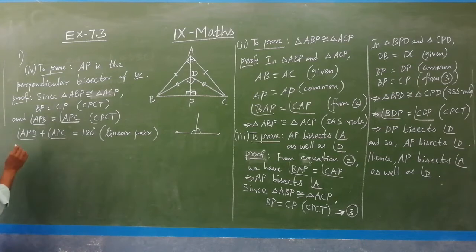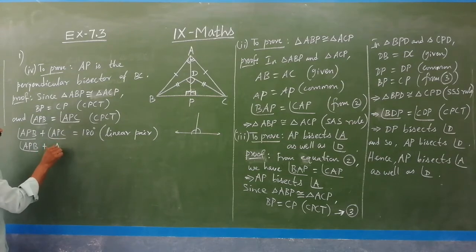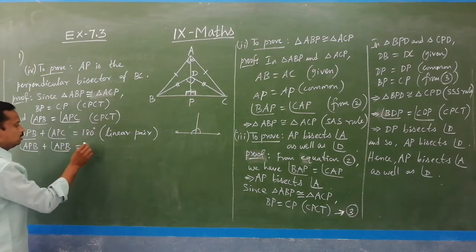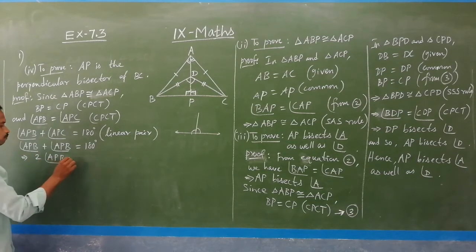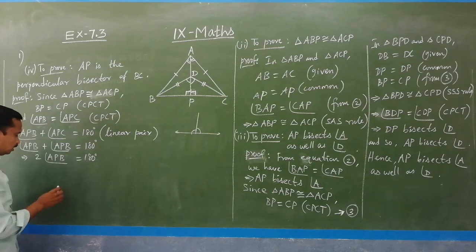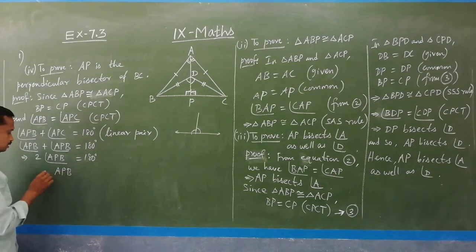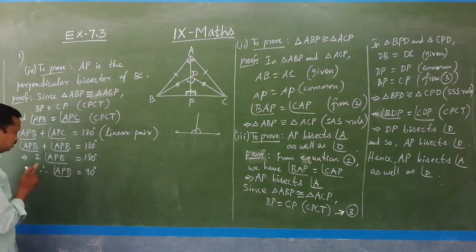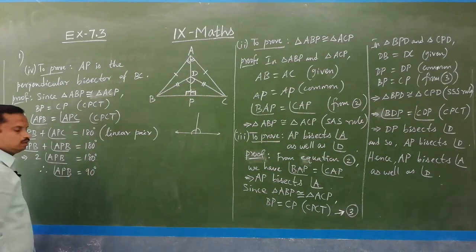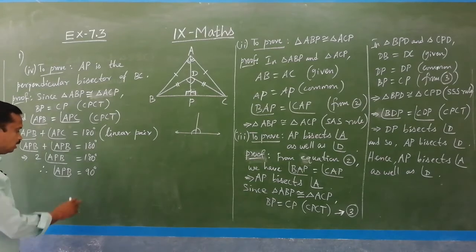I am taking APB as it is and replacing APC with APB because they are equal. Now we can write 2 angle APB equals 180 degrees, so therefore angle APB is equal to 90 degrees. If you bring the 2 to the right side, it becomes 180 by 2, then you get 90 degrees.